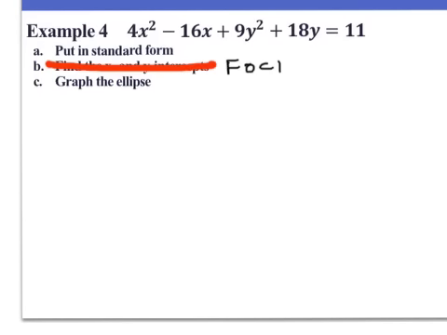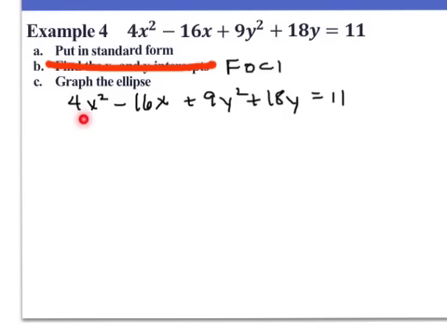Alright, for our last example, we are going to do what we did with the other ones. We're going to put this in standard form, find the foci, and we're going to graph. So let's begin with rearranging our equation anyway. Right now it's okay. I'm going to remind you that you need to factor, and where you're going to need to factor is right here.